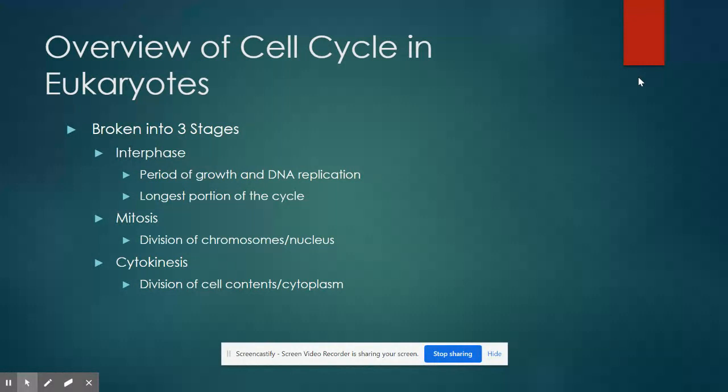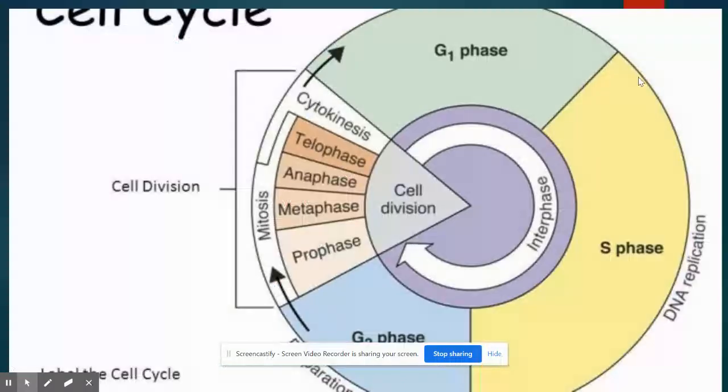Remember, we need to copy the DNA before a cell divides because each cell needs an exact copy of all the DNA. Then when the cell is going to divide, there's mitosis, which is division of the nucleus and of the chromosomes, and then cytokinesis. Cyto means cell, so that's division of the cytoplasm, or the last step in cell division.